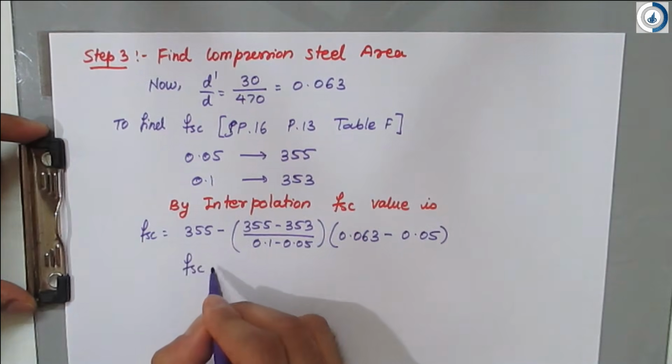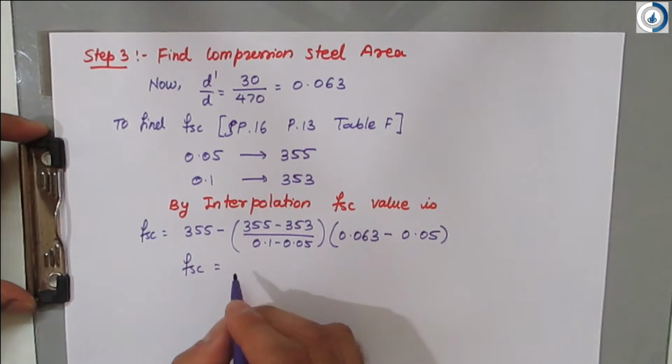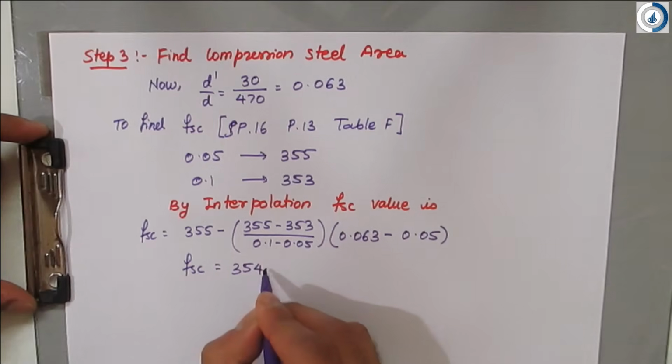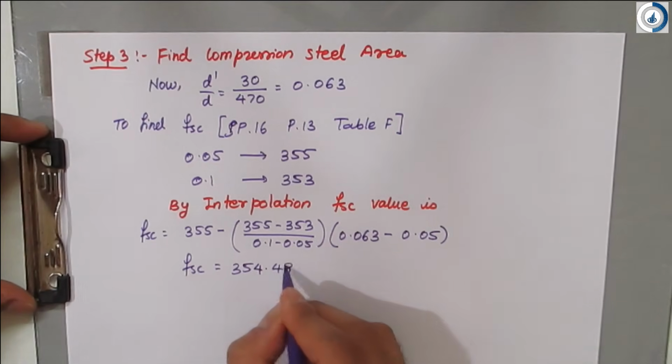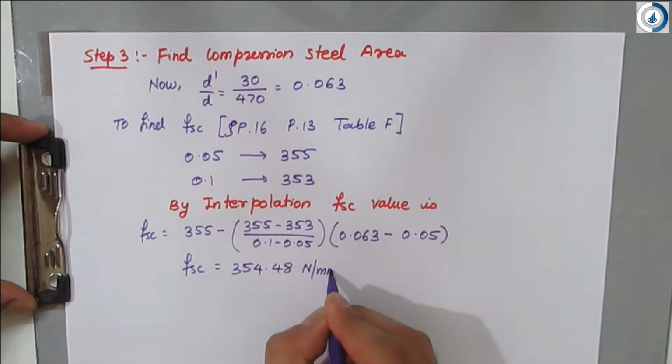After calculating this, you will get the fsc value as 354.48 Newton per mm square.